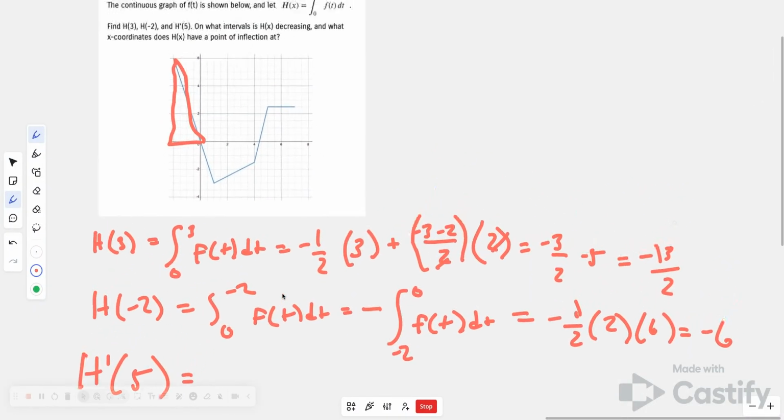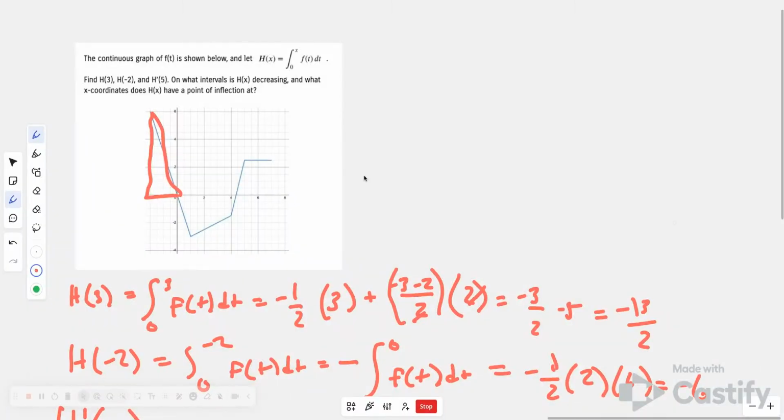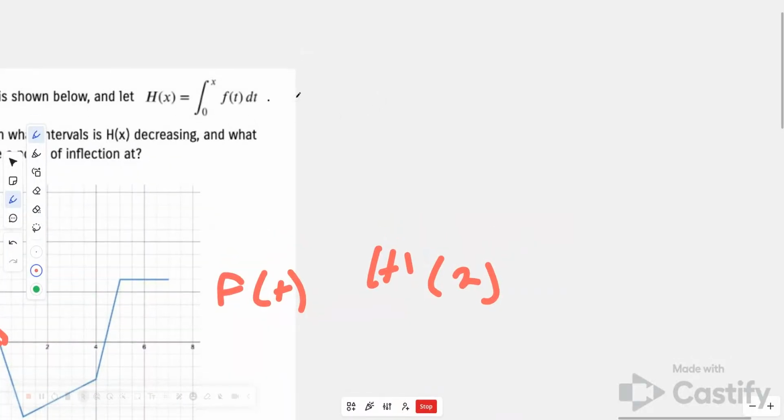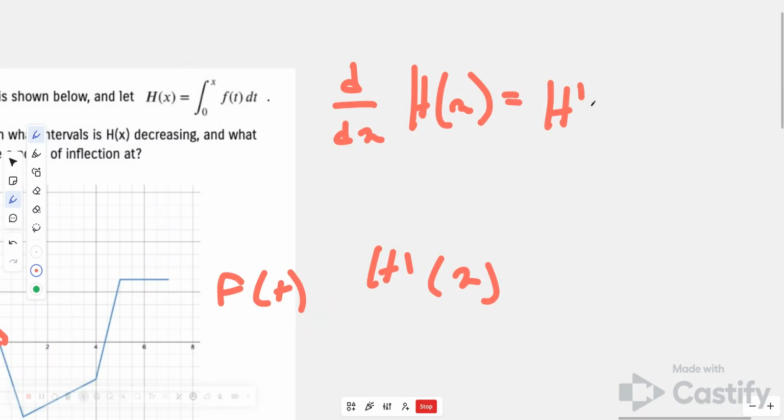So this graph shows f of t, but f of t is essentially the same thing as h prime of x, and here's why. If we take this integral over here and take the derivative of both sides, it'd be d dx times this h of x, which is also equal to h prime of x.